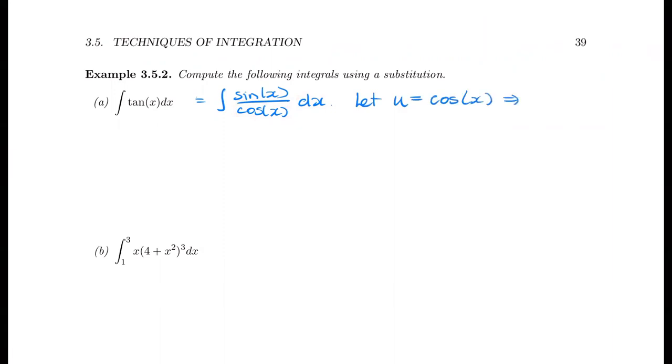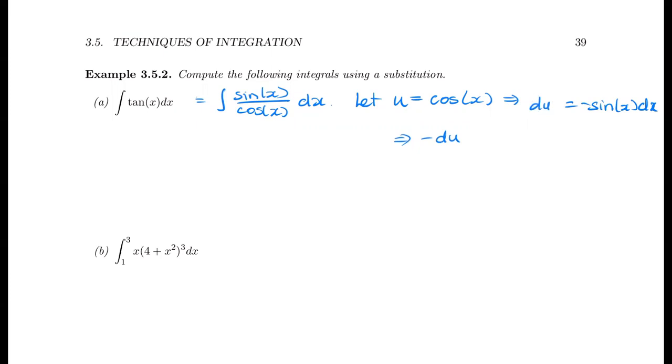Differentiating both sides, we get du over dx, which is negative sine x. Let me rewrite this a little bit more so that we have negative du. There shouldn't be a sine x here because I already brought the dx on the other side.